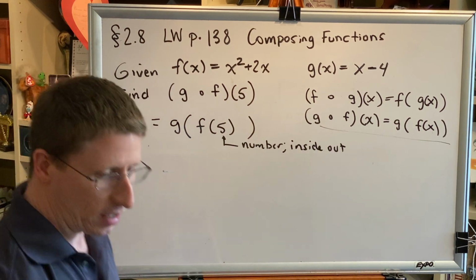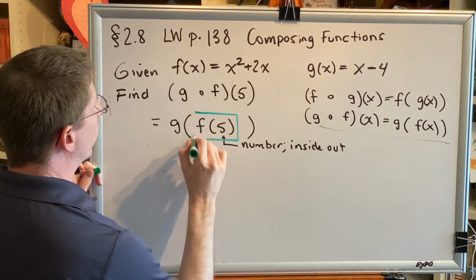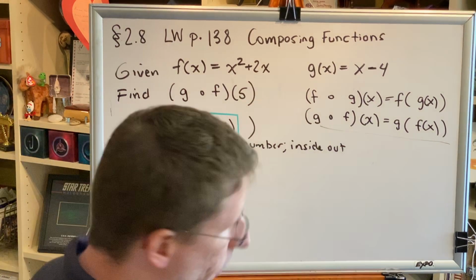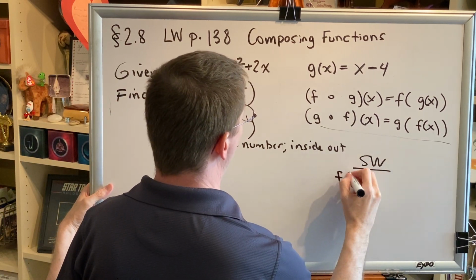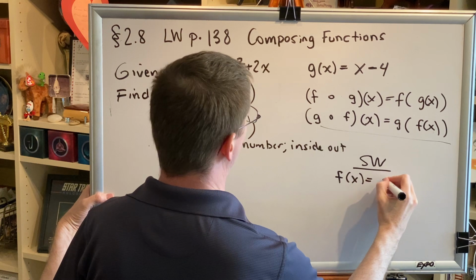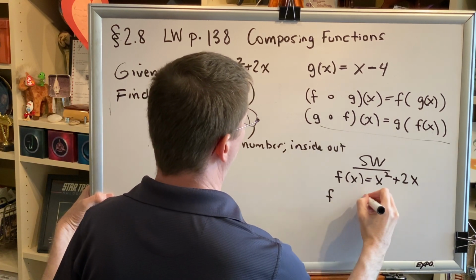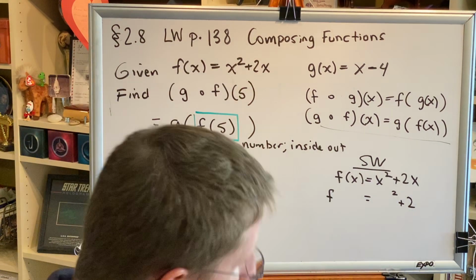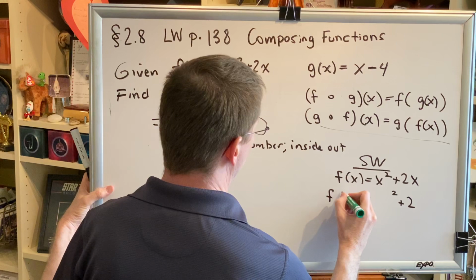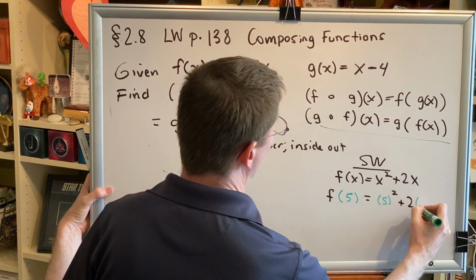Which means the first thing we need to calculate is, what is f of 5? Let's do that on our side workspace. We know that f of x is equal to x squared plus 2x. So therefore, f of 5 was found by replacing all of those x's with a 5. In this case, every 5 has to be put in parentheses.